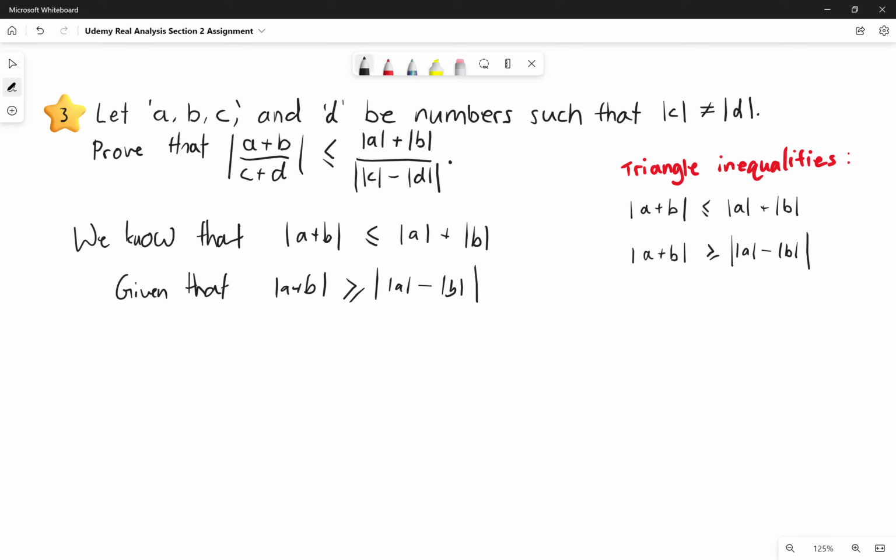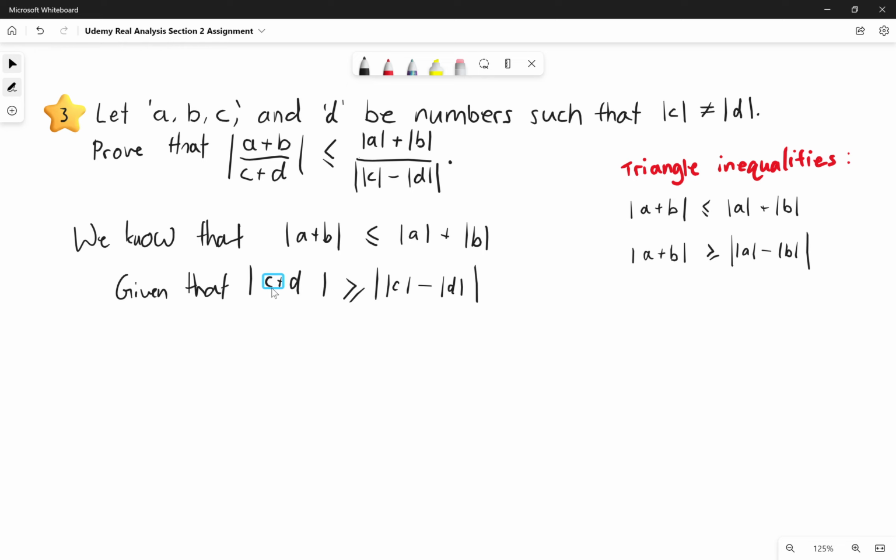Well, given that, oh, actually that's not a plus b. We're trying to put it in the context of the problem here. So that's c plus d. Right? And we get that from the reverse triangle inequality.